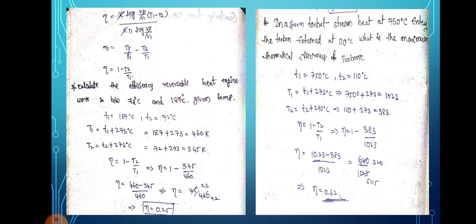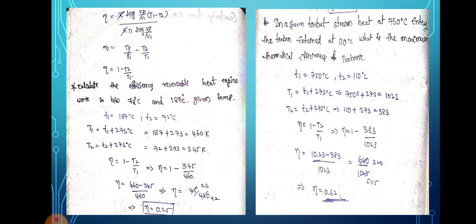So finally capital T1 is equal to small t1 plus 273, is equal to 187 plus 273, is equal to 460 Kelvin, and capital T2 is equal to small t2 plus 273. So therefore 72 plus 273 is equal to 345 Kelvin.